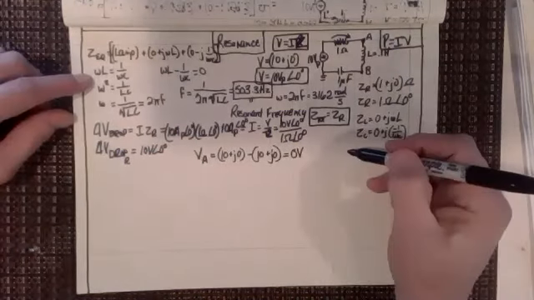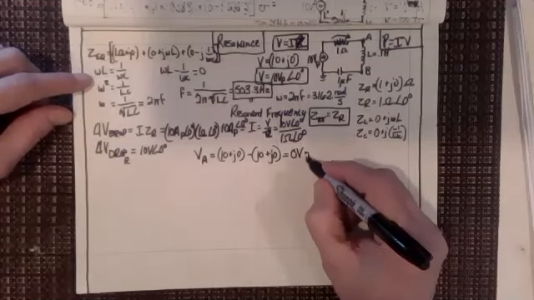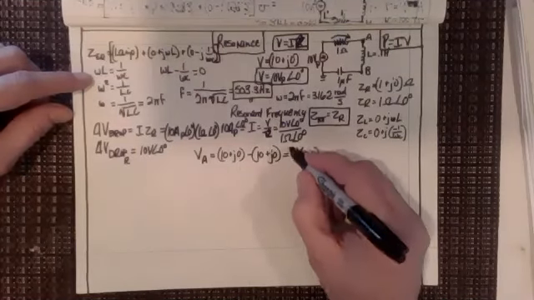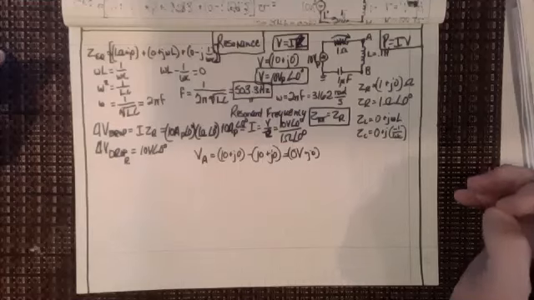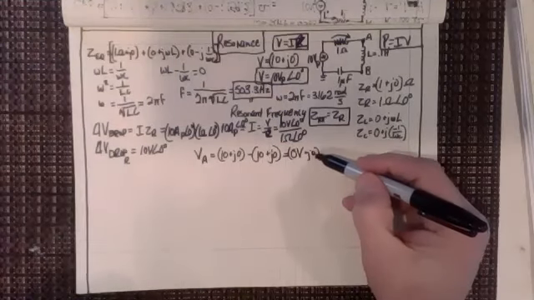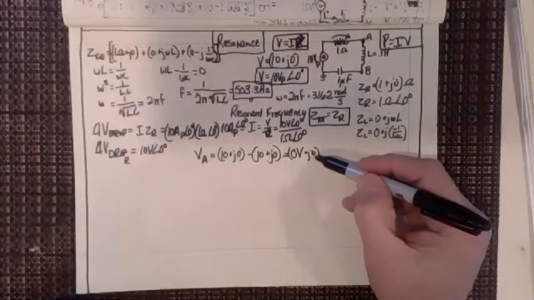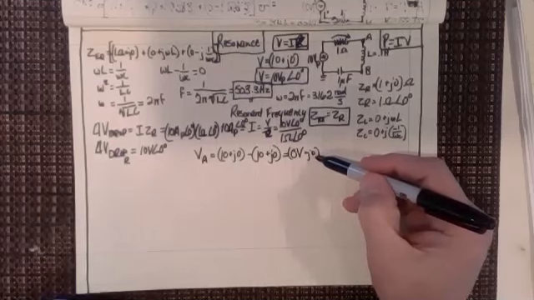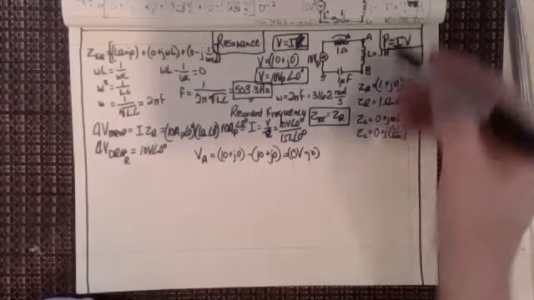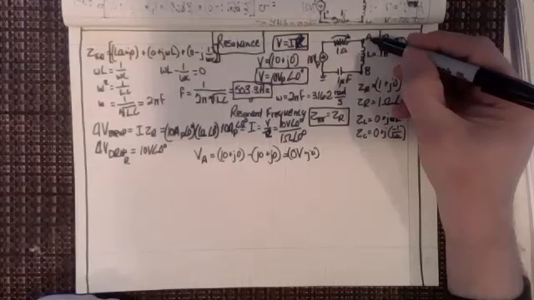Fantastic. 0 volts, of course, plus j0. Because we're working in complex numbers, we always want to put that imaginary section in there too, don't we? That's the voltage at A.